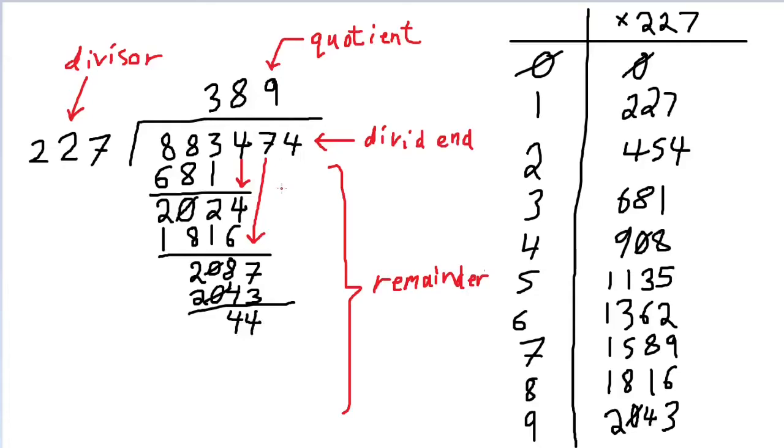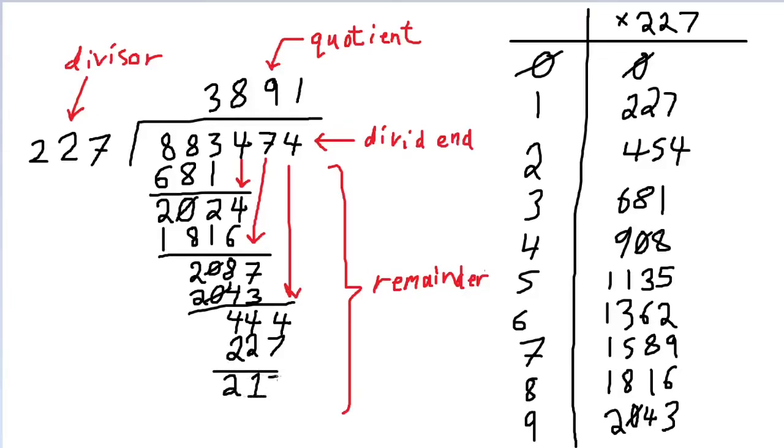Then we carry the final digit of the dividend down, and this gives us 444. And we look for our next quotient digit, and it turns out that this is 1, and this gives us the multiple 227. So we write that our quotient digit is 1, and we take our remainder, subtract 444 minus 227, and this is 217.